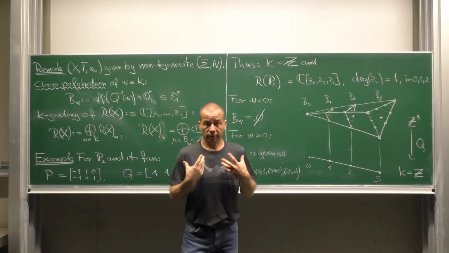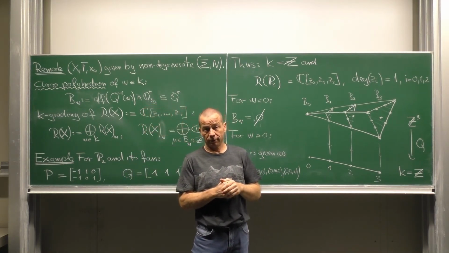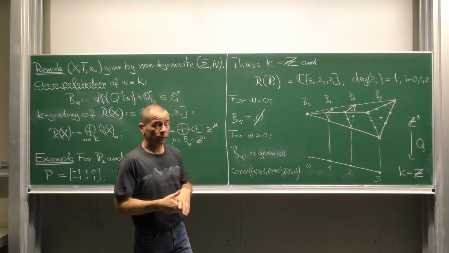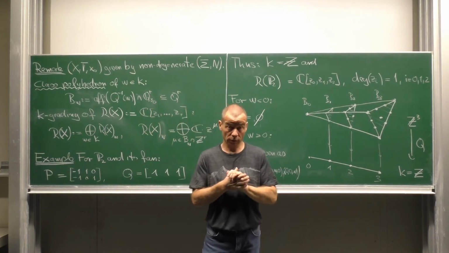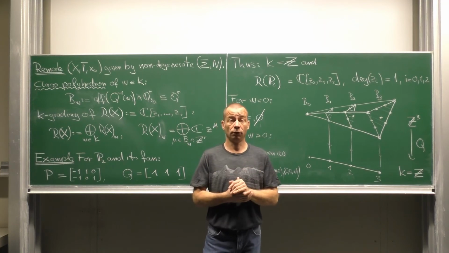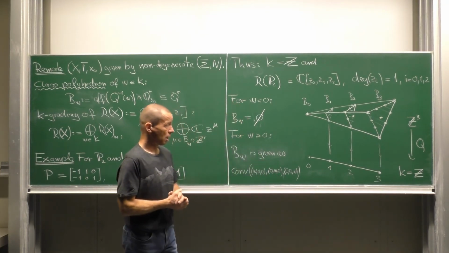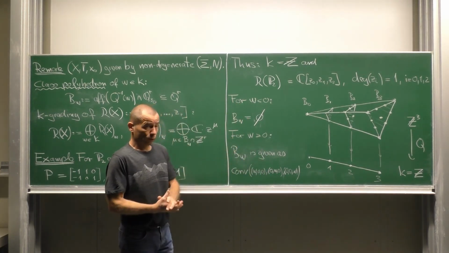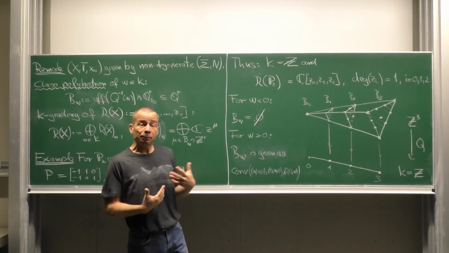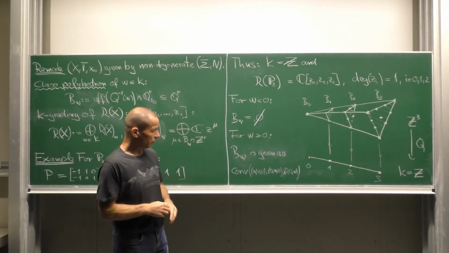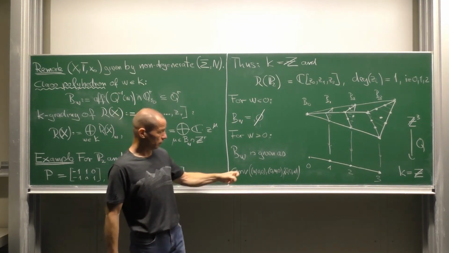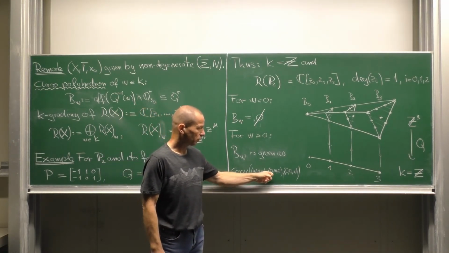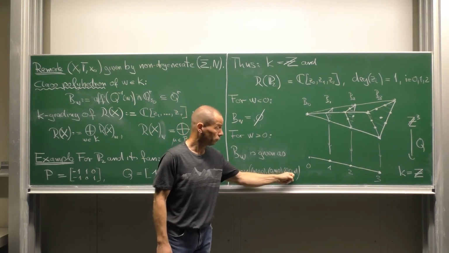If w is negative, then B(w) is empty, which just means that the corresponding homogeneous component is trivial. For non-negative w, the class polyhedron is the convex hull over the vectors (w,0,0), (0,w,0), (0,0,w).